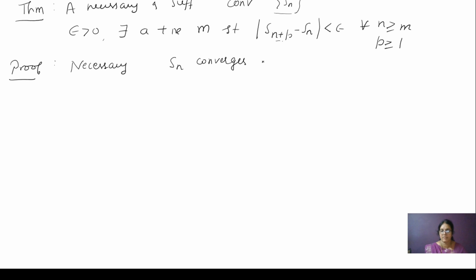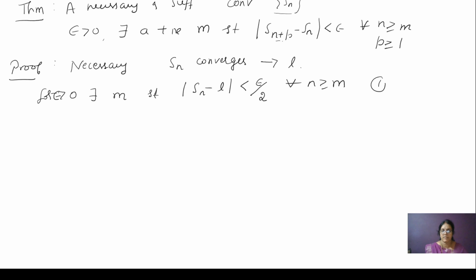So assume that Sn converges to L. So by definition, for epsilon greater than 0 there exists a positive integer m such that modulus of Sn minus L is less than epsilon for every n greater than or equal to m, and for our convenience I will take it as epsilon by 2. So this is our assumption that Sn converges.